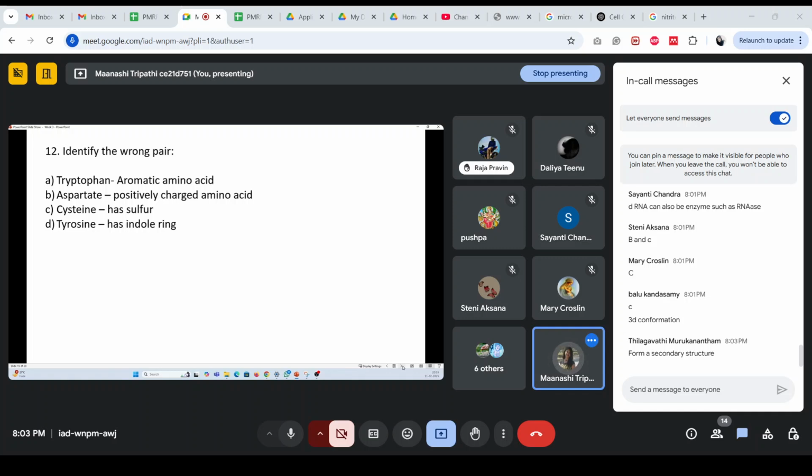Tryptophan, aspartate, cysteine and tyrosine. Identify the wrong pair here.